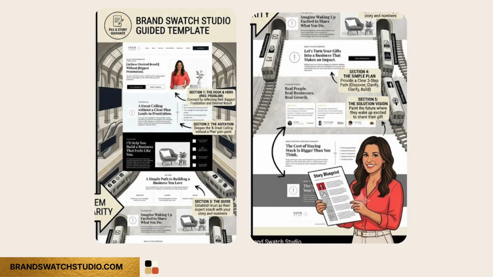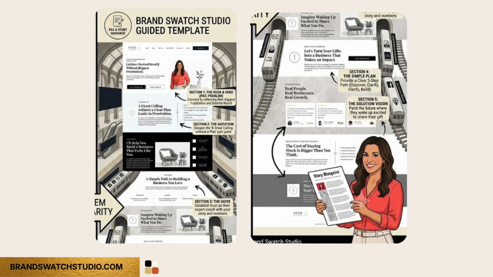The Brand Swatch Studio Build Anywhere blueprint is totally different. So instead of empty placeholders, it guides you section by section through a proven story structure built on the PAS, which is Problem, Agitate, Solution copywriting framework. World-class copywriters use this framework for their copy.